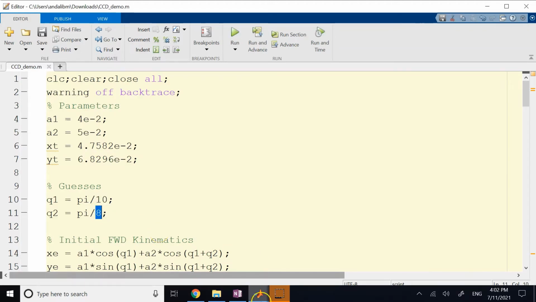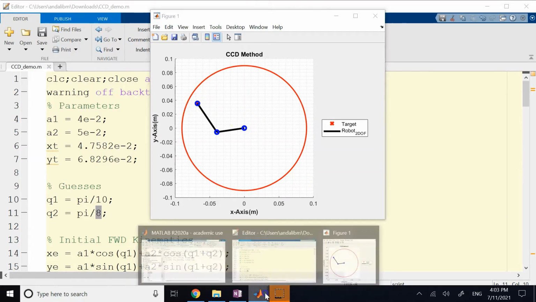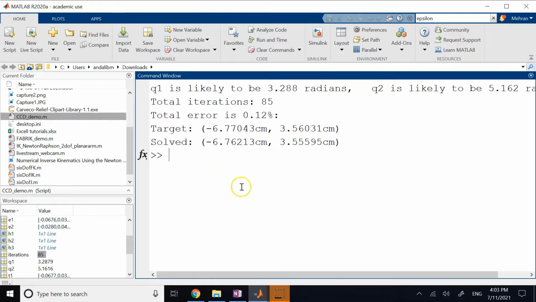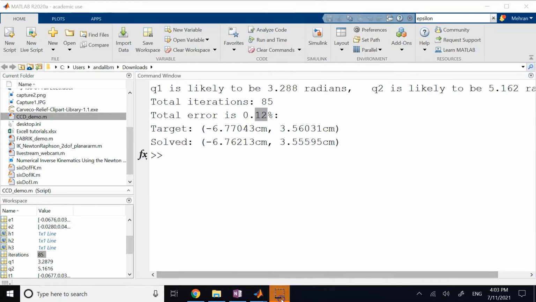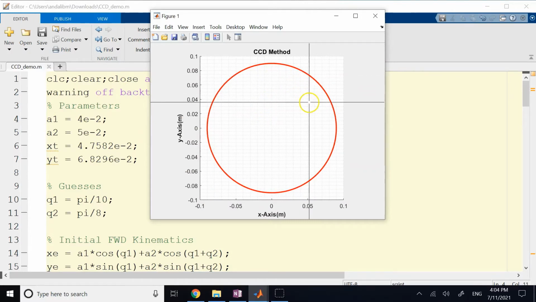And they were completely off compared to where I want the target to be. Now, did they converge? Yes. 85 iterations, it got to the angles, and the error is 0.12%, okay? Okay, let's try it one more time. I try some different locations. So now what about this?